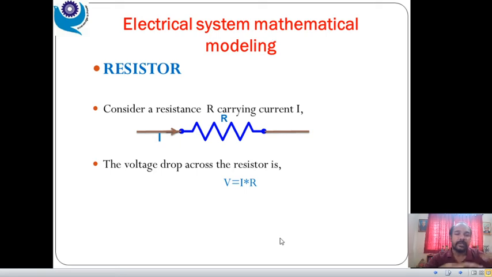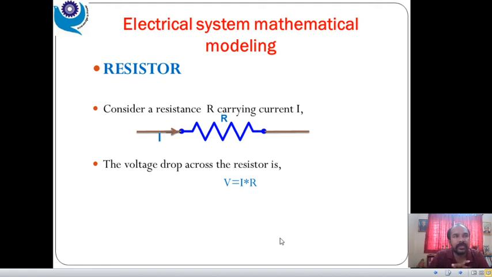Similarly, from what we have seen, first, mass is analogous to the inductor. Second, the damper, which exists due to friction.